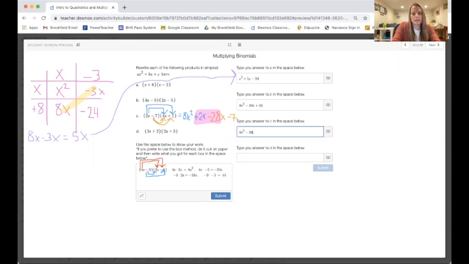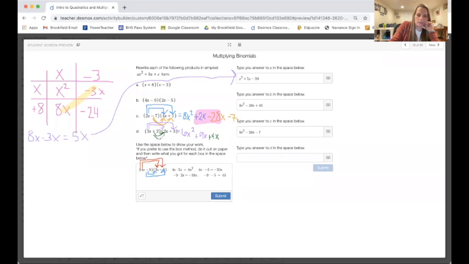minus 26x minus 7. And then last but not least, I'm going to do 3x times 2x to get 6x squared. And then 3x times 3 to get me 9x. 2 times 2x is 4x.